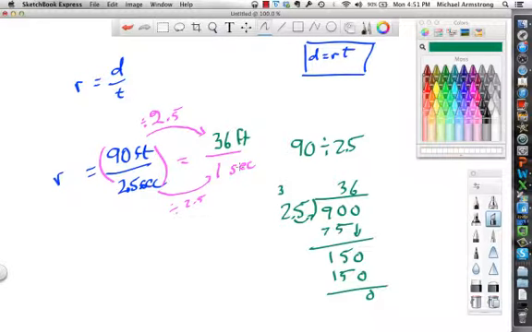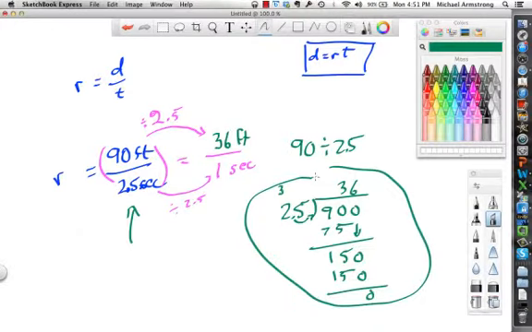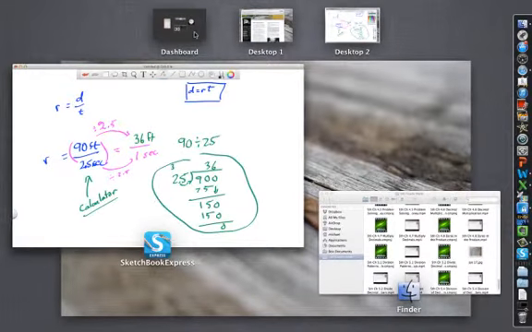36 feet per second. And it's okay to use a calculator. You don't have to. I didn't. You can do it like me. That's the better way to do it, but it takes more time. This is a calculator exercise. You have to understand how ratios work, and then you have to understand how to use a calculator. After that, it's okay for you to use one. So it's 90 over 2.5 seconds.